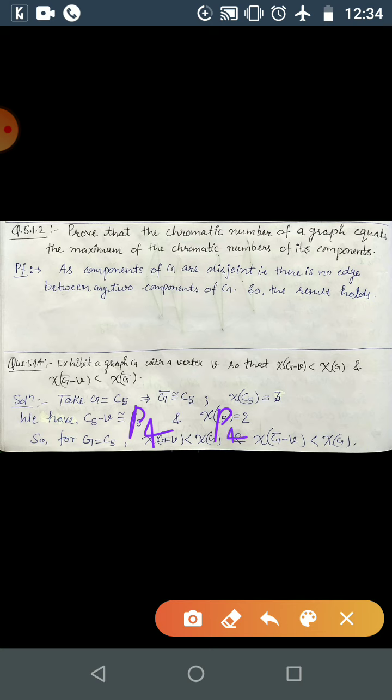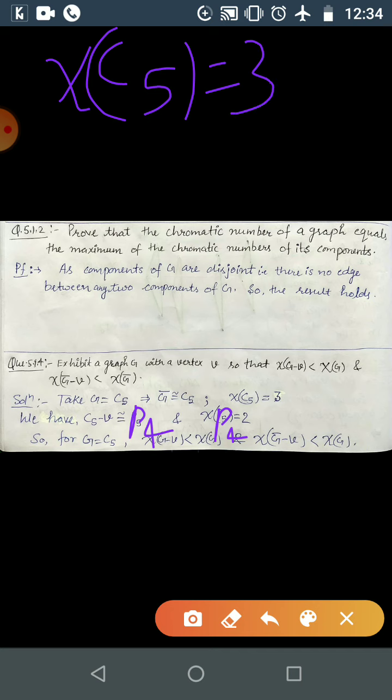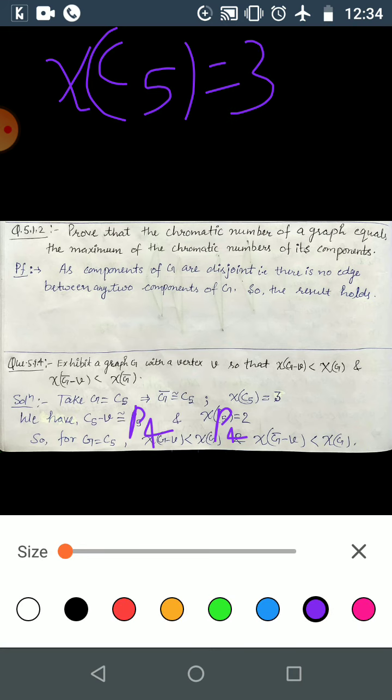Yes, you can consider G equal to C5, and the chromatic number of C5 is 3 because of the odd cycle, correct. And if you are taking any vertex out, then you are getting a path.